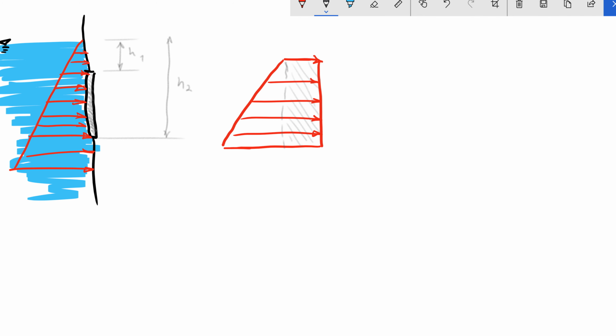Let's use blue for the resultant force of this piece. Because it's a uniform pressure, the resultant force should be at the centroid. I'm drawing it like this and naming it F1. For the triangular section, this one, I'm going to name another resultant force. It should be a bit lower, for example here, and I'm calling it F2.